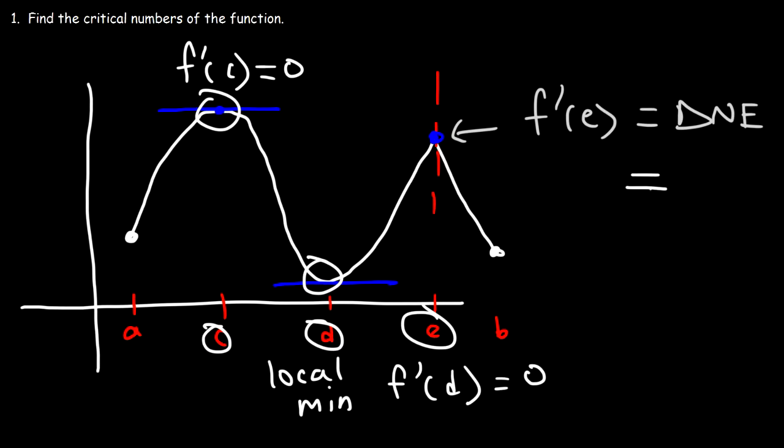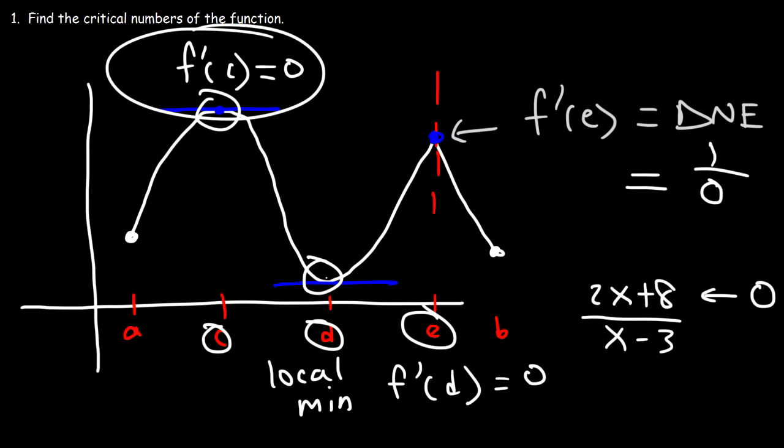Now, it's important to know that a function will not exist if there's a 0 in the denominator. So if you have some function in a fraction format, if you set the numerator equal to 0, you're going to have a horizontal tangent line, and so you'll get a critical number.